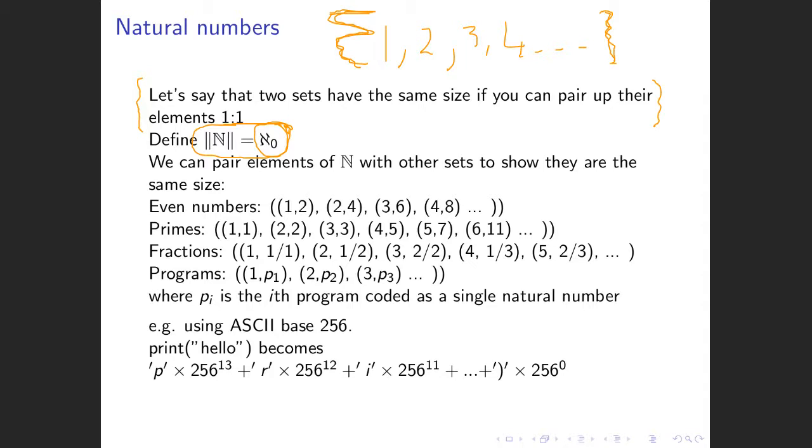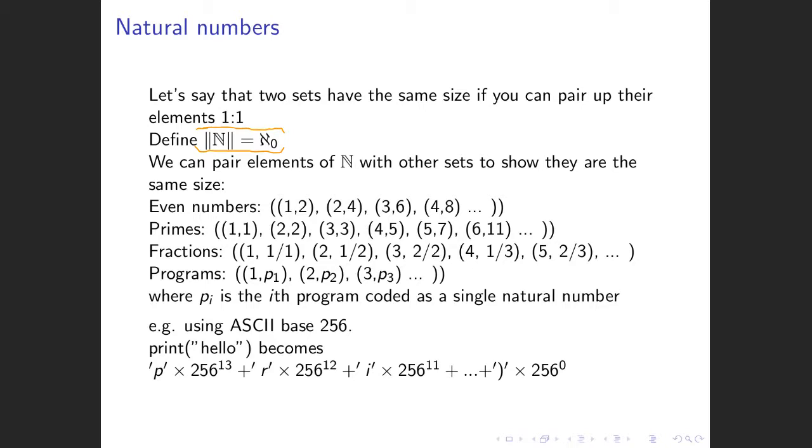And the fact it has a 0 in it suggests there might be more of these things coming along later on. So we say this is the size of the natural numbers. It is Aleph-0. So any set that you can pair up with natural numbers is also going to have size Aleph-0. And this can be a bit counterintuitive, right?